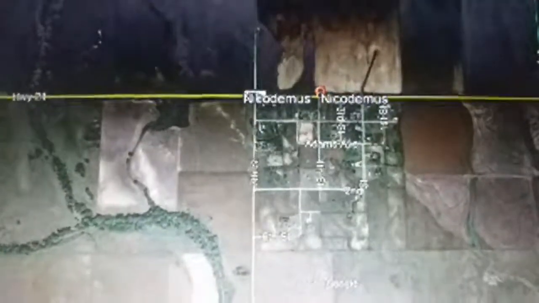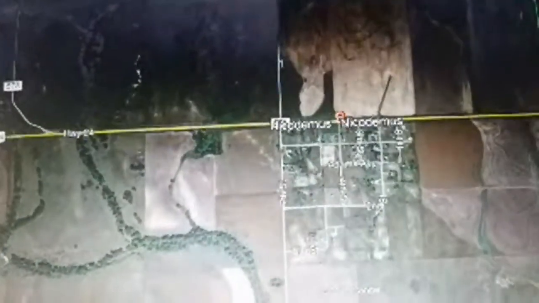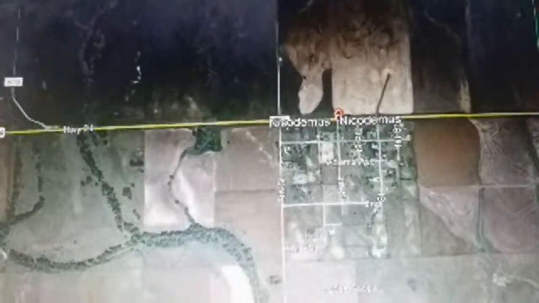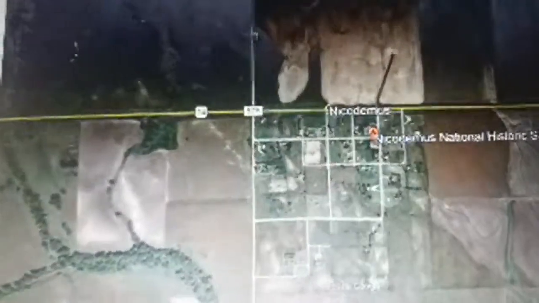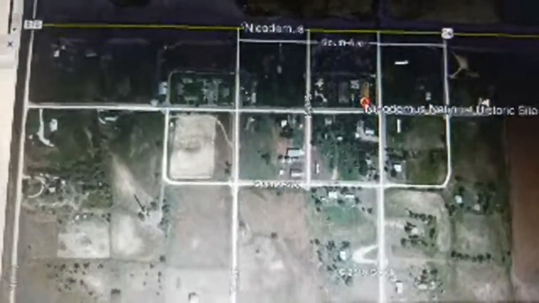That's Nicodemus, Kansas. That is the historical site. Nicodemus, Kansas was a town founded by black people who had migrated out of the South, and they had gone to Kansas.